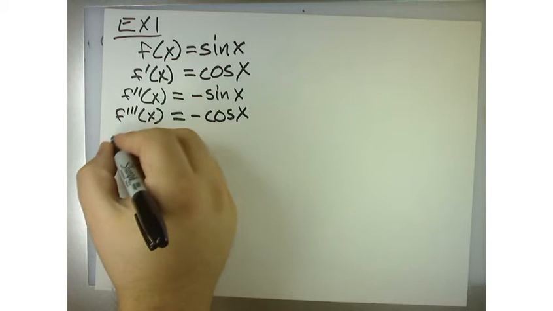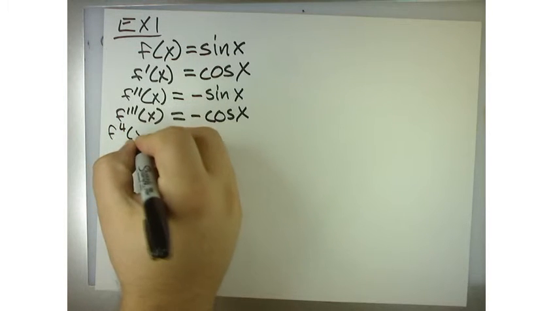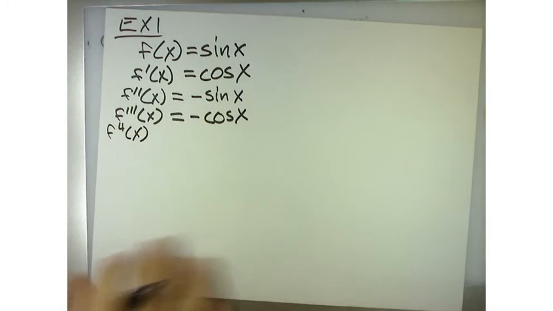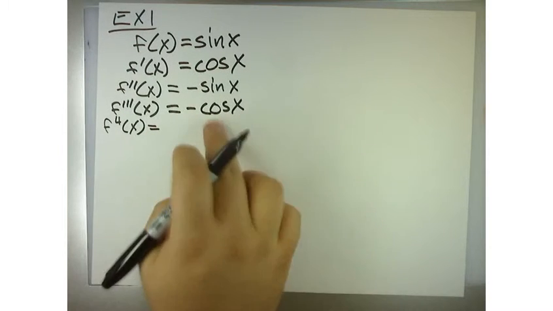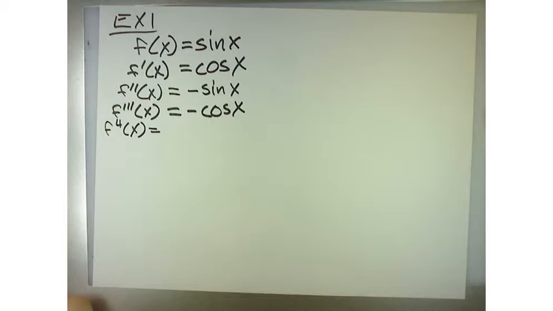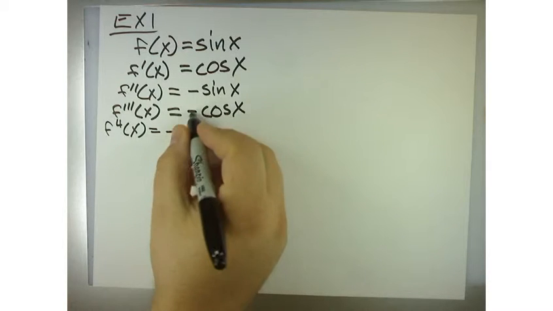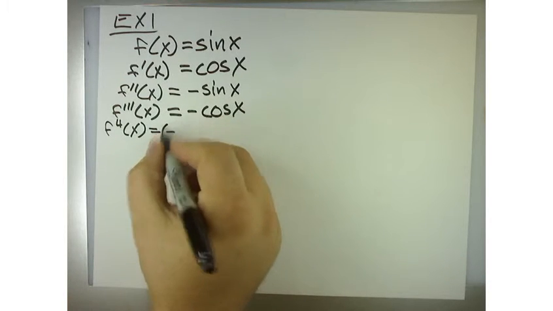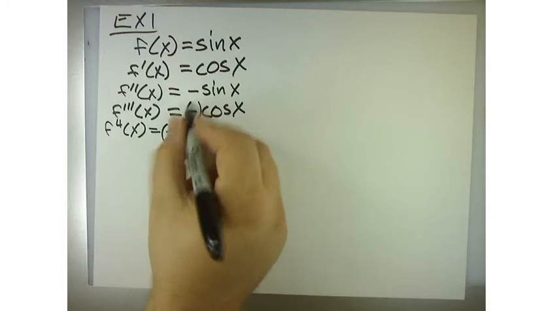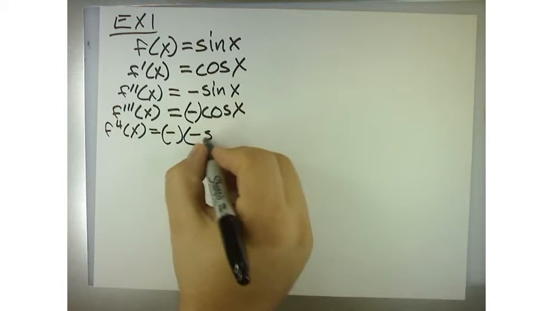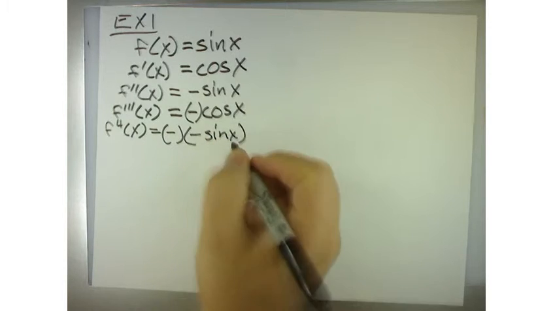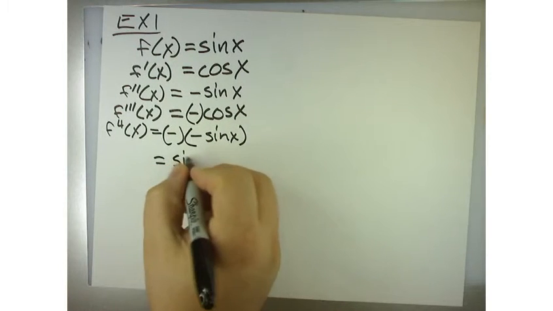Can somebody tell me what the fourth derivative of sine of x is? What's the derivative of cosine of x? The negative gets tossed to the front, and the derivative of cosine of x is negative sine of x. So it's really sine of x.